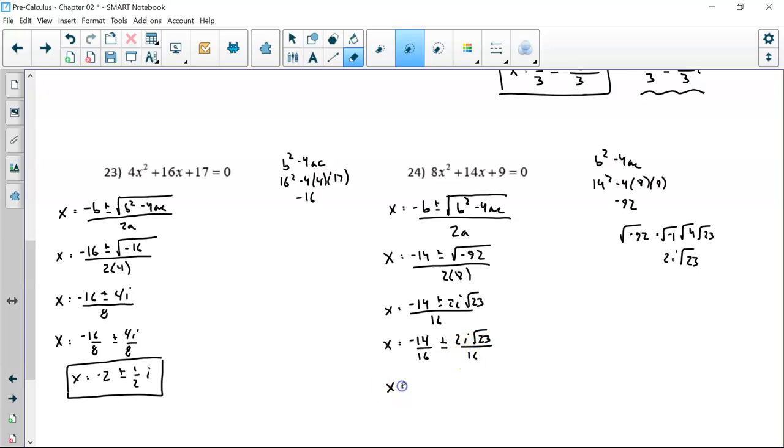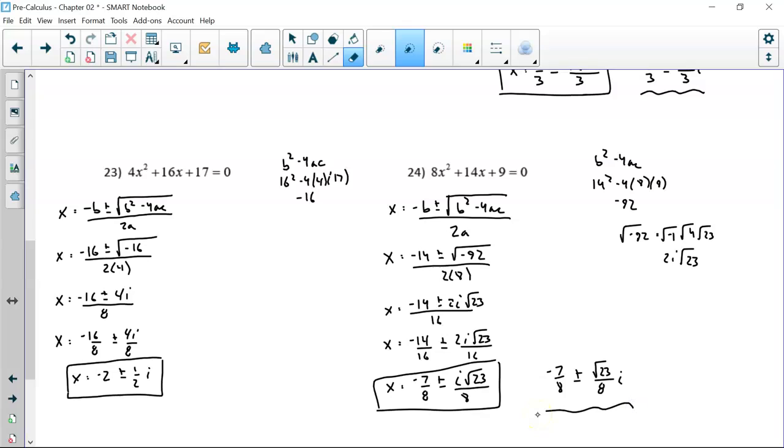So x equals negative 7/8 plus or minus i square root of 23 over 8. You might also see it written this way, negative 7/8 plus or minus the square root of 23 over 8i, where i is at the end.